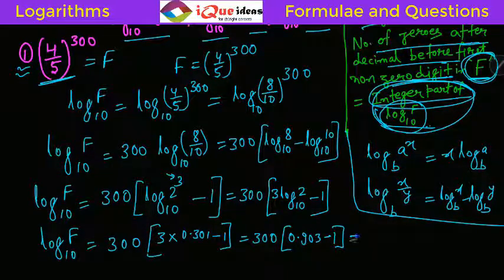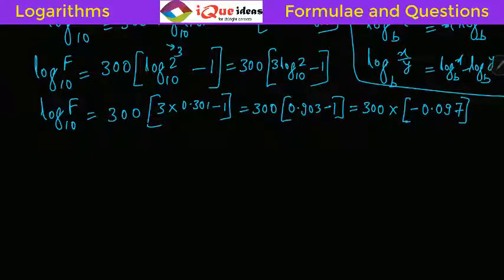So this is equal to 300 into, now look at this carefully, this 0.903 minus 1 will be negative, right? And it will be minus 0.097. All right. So what we have here now is that log of f to the base 10 is equal to minus 300 into 0.097.